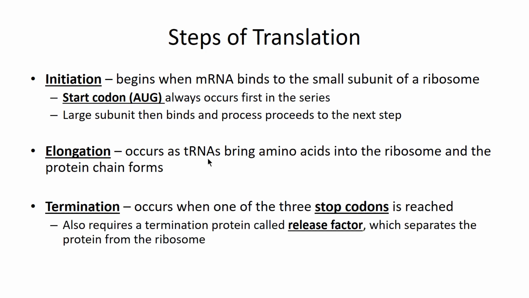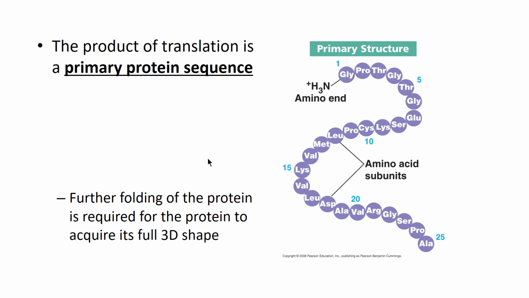At that point, rather than having a transfer RNA, this will attract release factor, an additional protein, which is now required to disengage the mRNA from the ribosome, split the two halves of the ribosome back apart, and everything is released. And at this point, the actual polypeptide is formed. As we said before, the product is a primary protein sequence, which can also be referred to as a polypeptide chain.